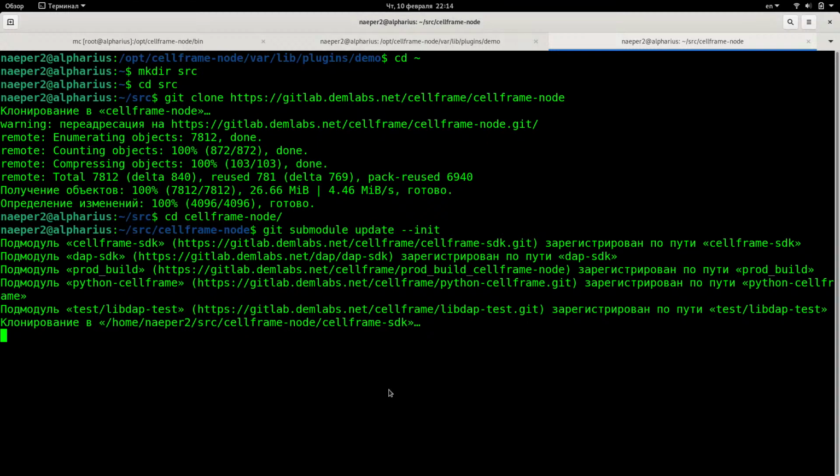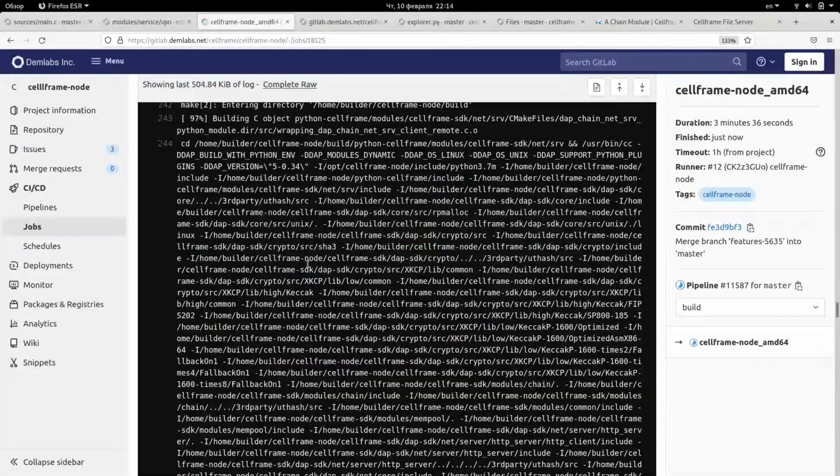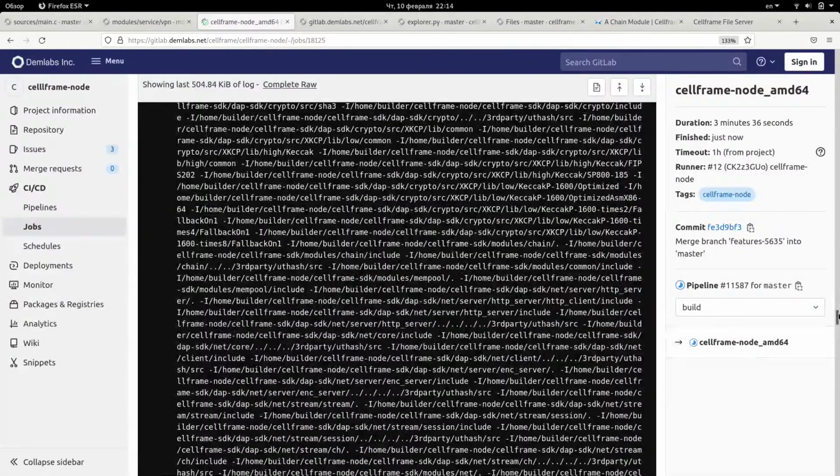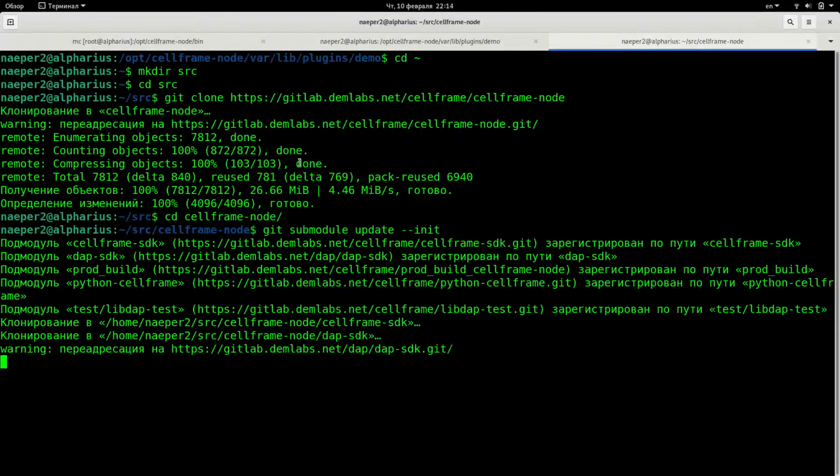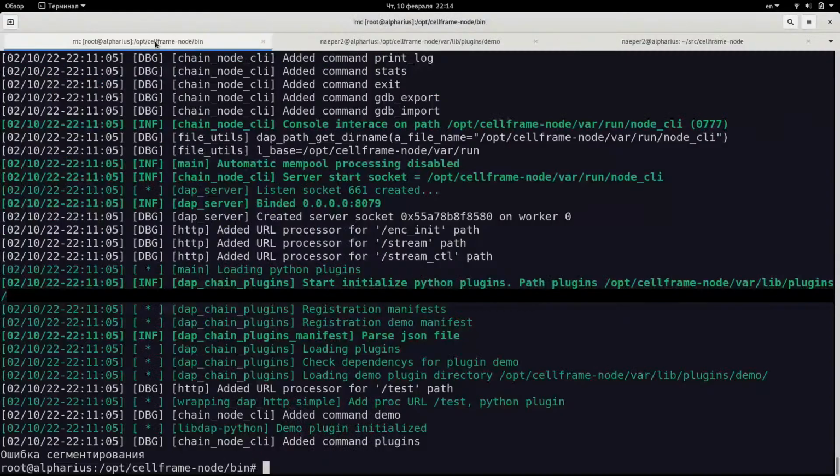And that's how we download the sources. I should switch to English, sorry. Okay, it continued to build and it's successful. And now we have 34 in our repository and we do update.